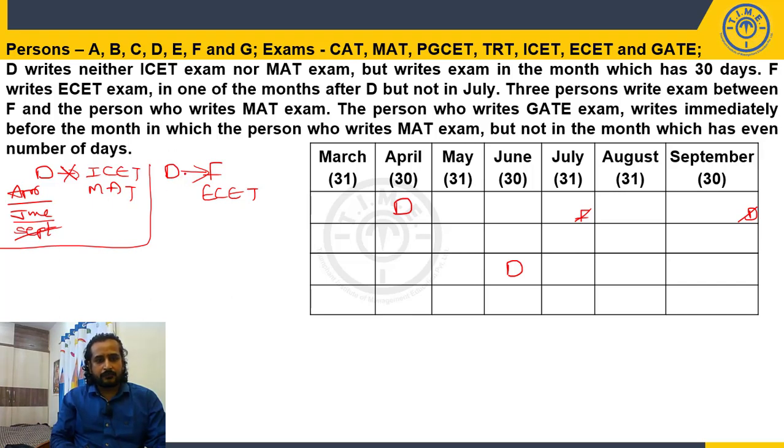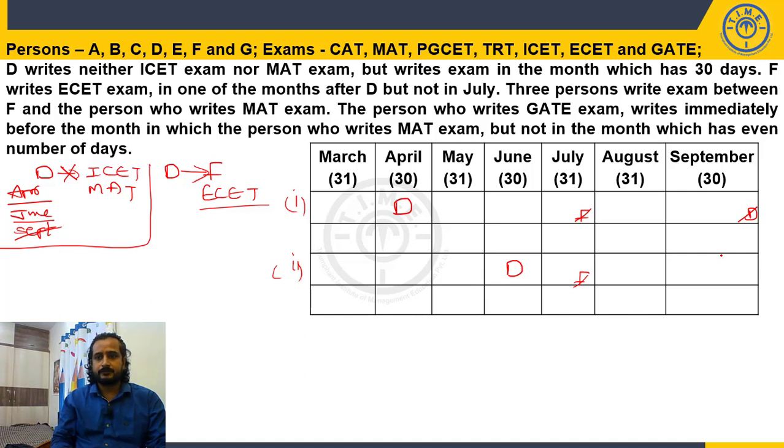After D, F has to be placed, but F is not in the month of July. And F is writing ESET exam. So in case 1, F can be May, June, August, September. In case 2, it may be August or September. That we don't know. As and when we go through the information, let's see.